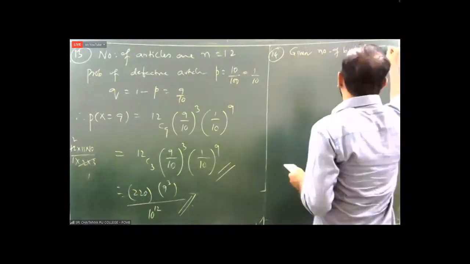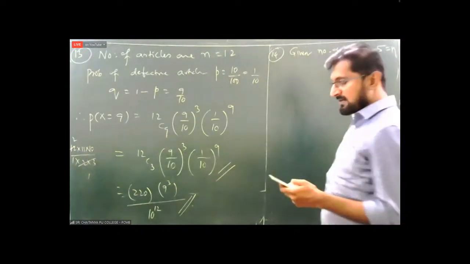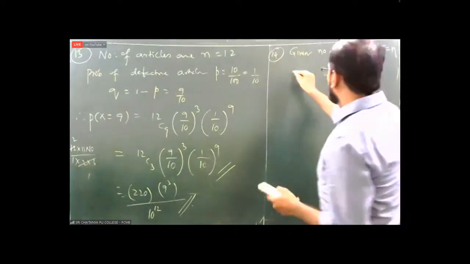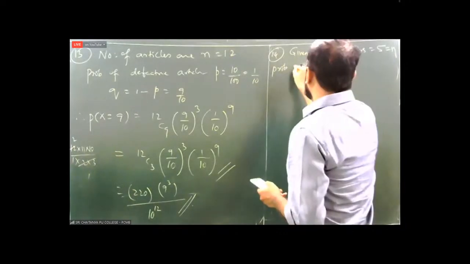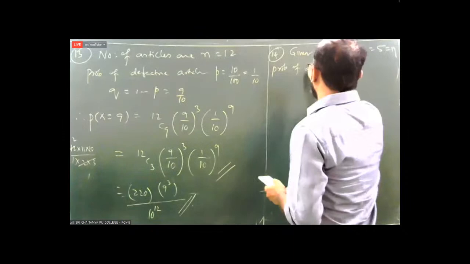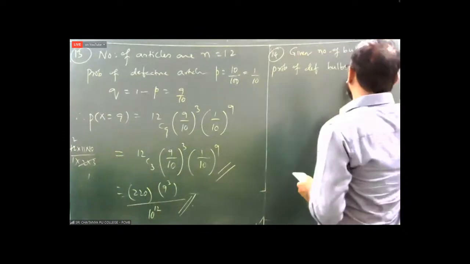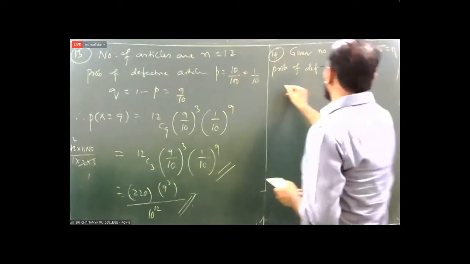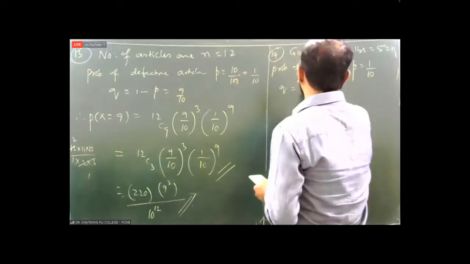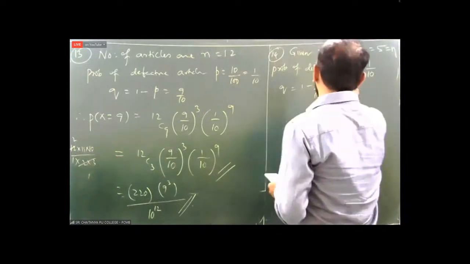Now, probability of defective bulbs, P is equal to 1 by 10. Q is equal to 1 minus 1 by 10, which is 9 by 10.